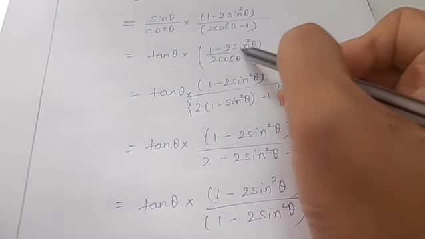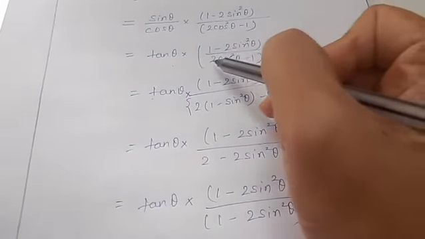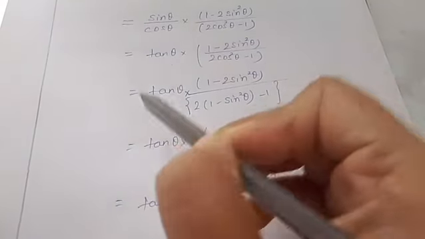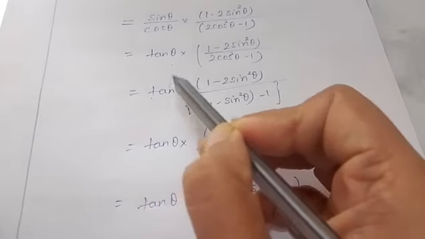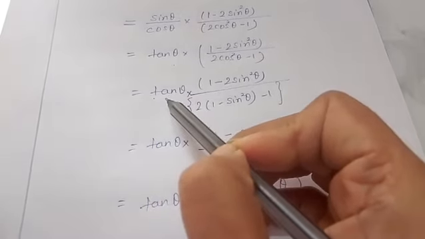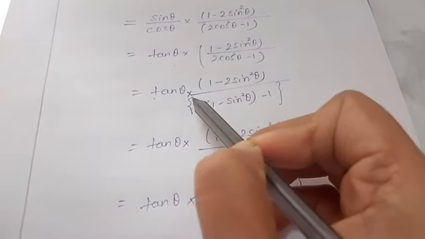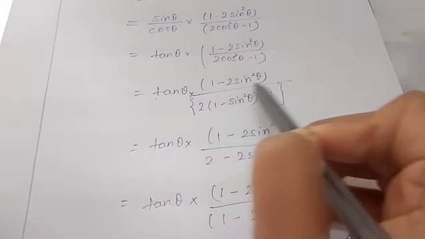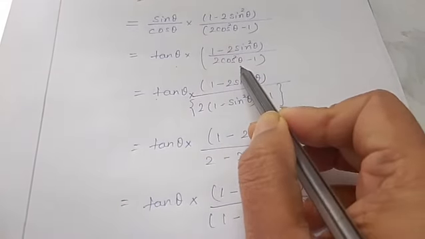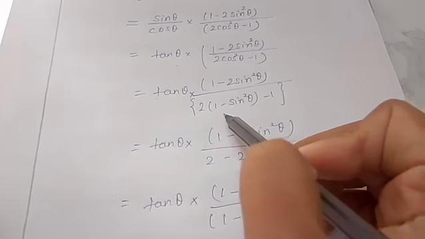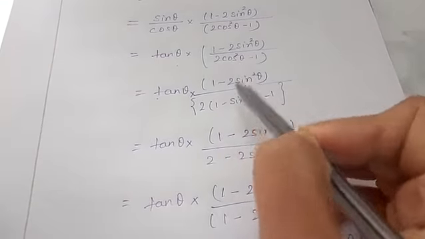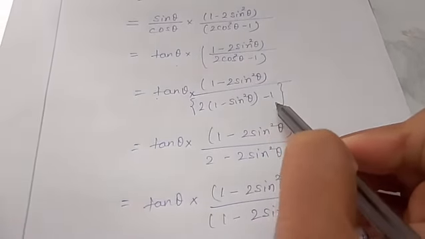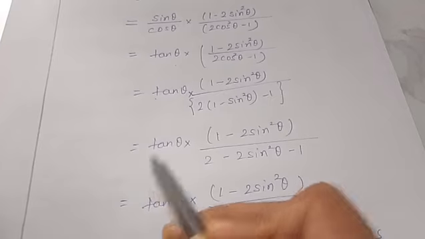Take tan theta outside: tan theta into (1 minus 2 sin square theta) upon (2 cos square theta minus 1). Here use trigonometric identities: cos square theta is equal to 1 minus sin square theta.